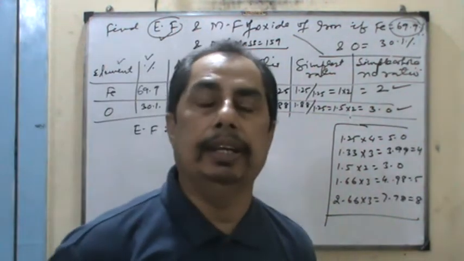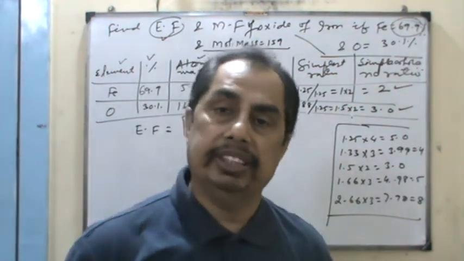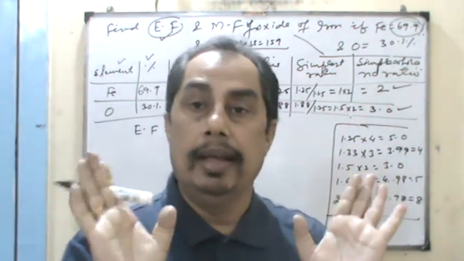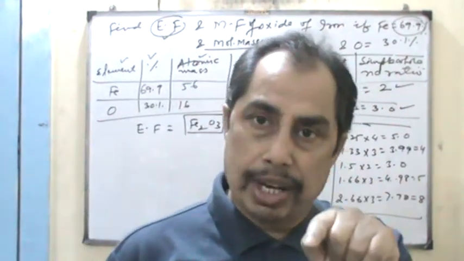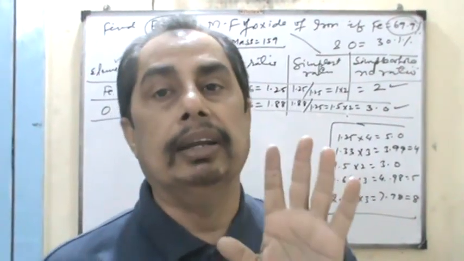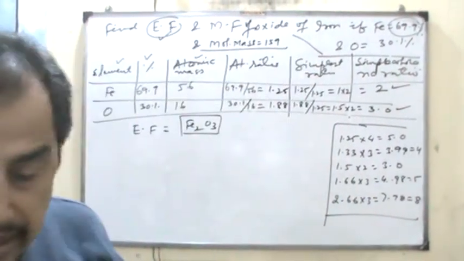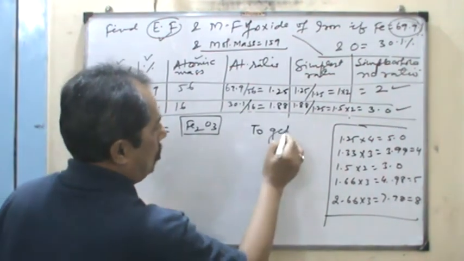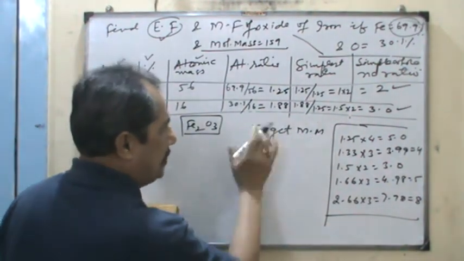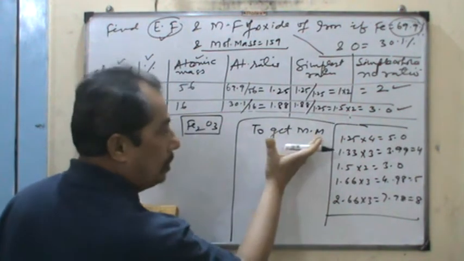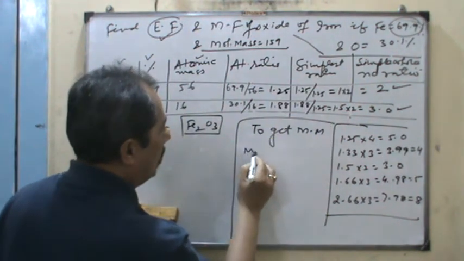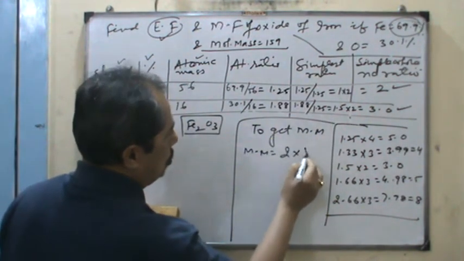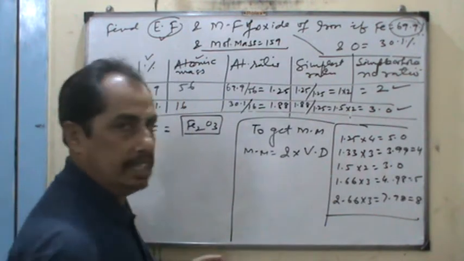If you want to get the molecular formula, first you calculate the empirical formula. Then in the question, molecular mass must be given. If molecular mass is not given, then what is given? Then molar mass, if it is given, it's all right. If not given, then molar mass is equal to 2 into vapor density.